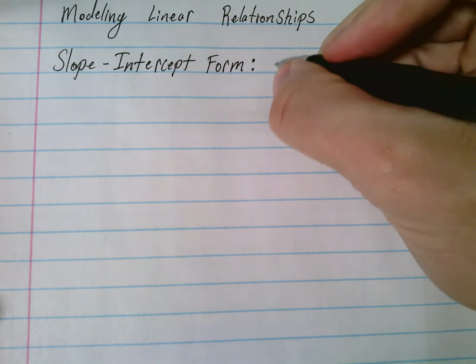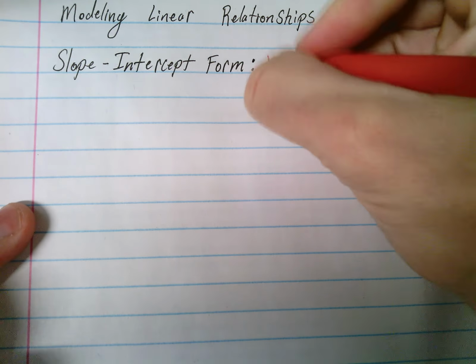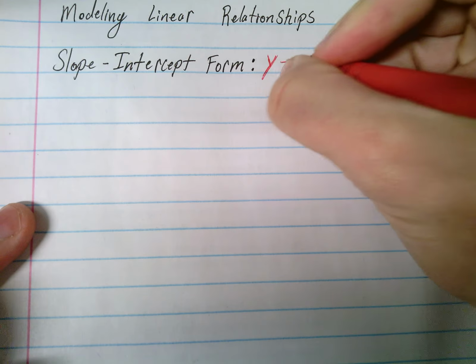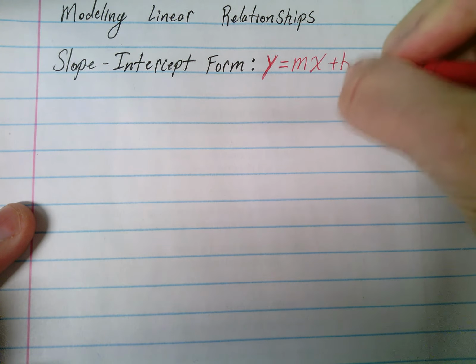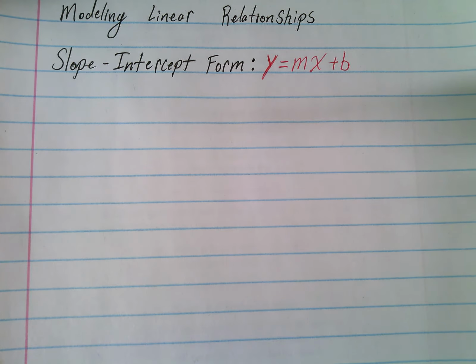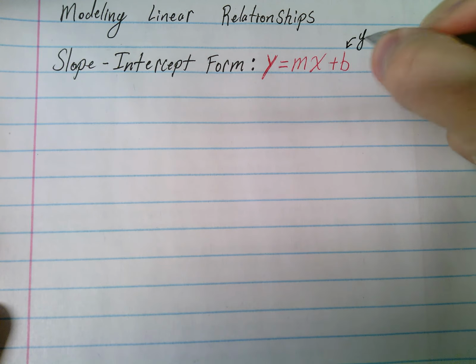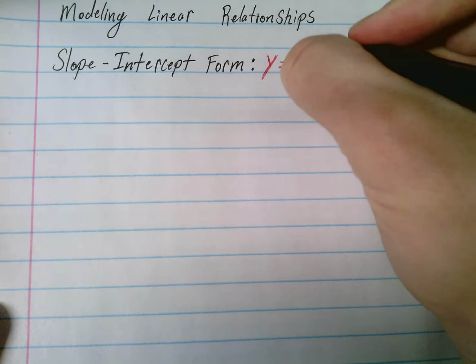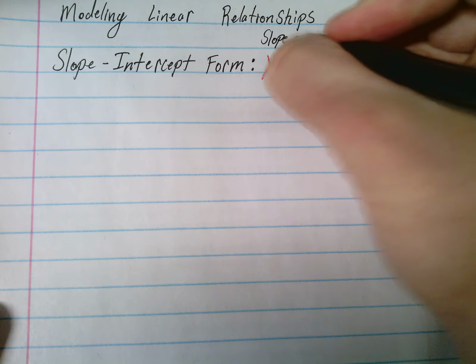Slope intercept form comes to us as y equals mx plus b. Previously we've discussed that this b here is your y-intercept, where the line crosses the y-axis, and your m here is the slope. That's still true for all of this.